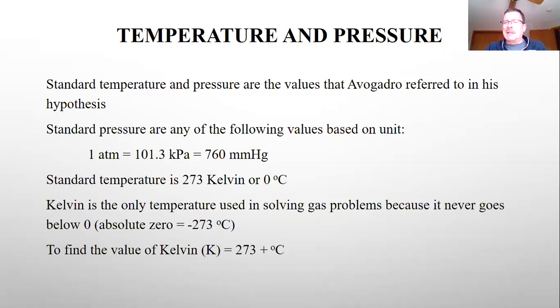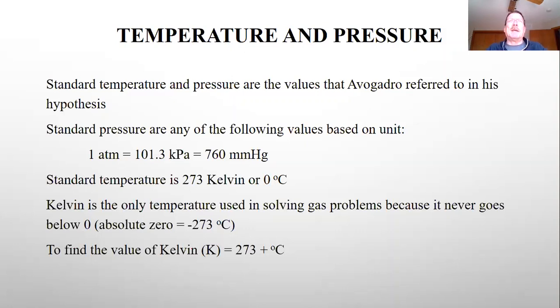Kelvin is the best, and this is why any math we do in this unit has to be done in Kelvin: because Kelvin never goes below 0. It's a simple conversion. You take your Celsius temperature and add 273.